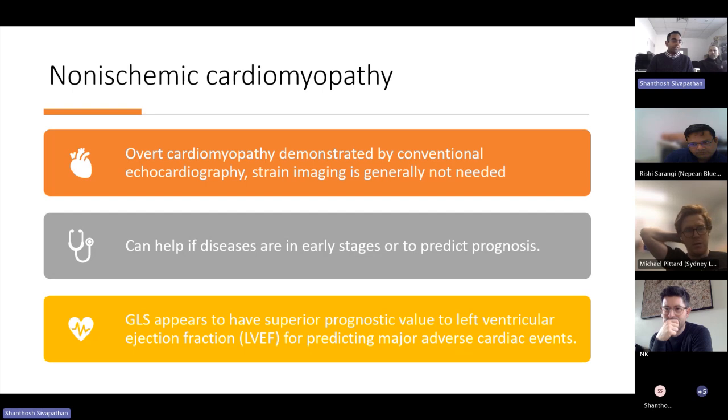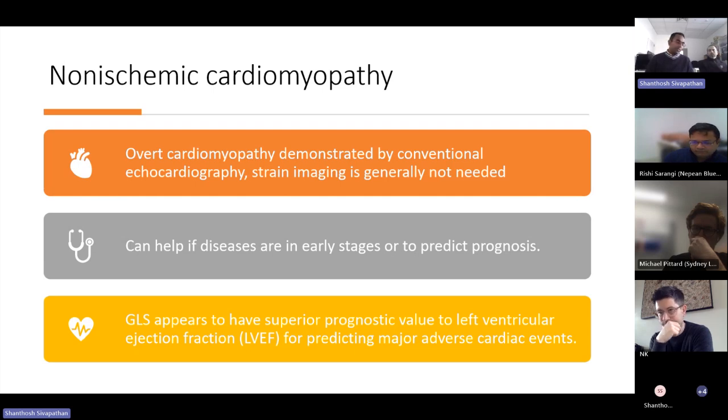No, generally, if it's less than 18, so if they come with 17 or 16, we say there's reduced or impaired global longitudinal strain. I don't think there are cutoffs for, say, -14 or -10 being more severe and prognostically worse, although that also correlates with worse LVEF. But no, generally not.